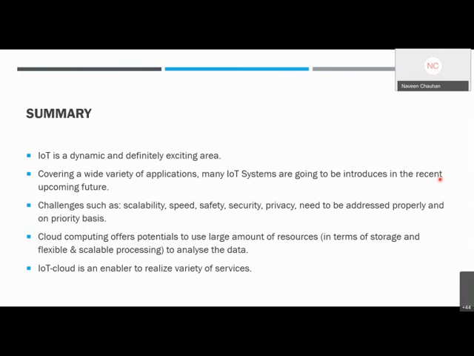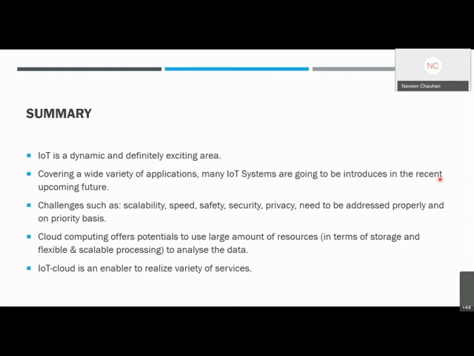As a summary of today's discussion, IoT is a dynamic and definitely an exciting area, covering a wide variety of applications. Many IoT systems are going to be introduced in the upcoming future. Challenges such as scalability, speed, safety, security, and privacy need to be addressed properly and on a priority basis.